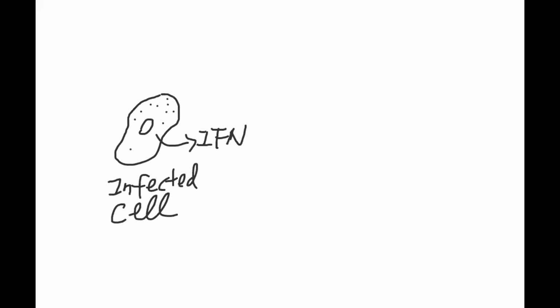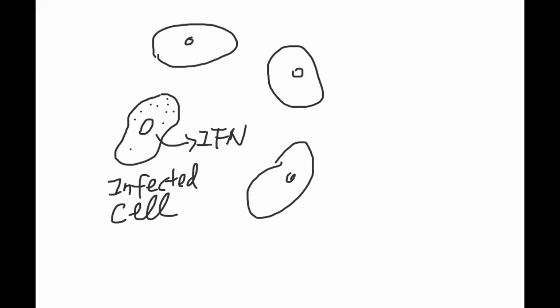So what can these interferons do? They can move toward the surrounding cells, which are not infected yet. The interferon can bind to the receptors on these cells. Once this binding takes place, it makes these cells very resistant to the infectious agent, which in this example is the viruses.